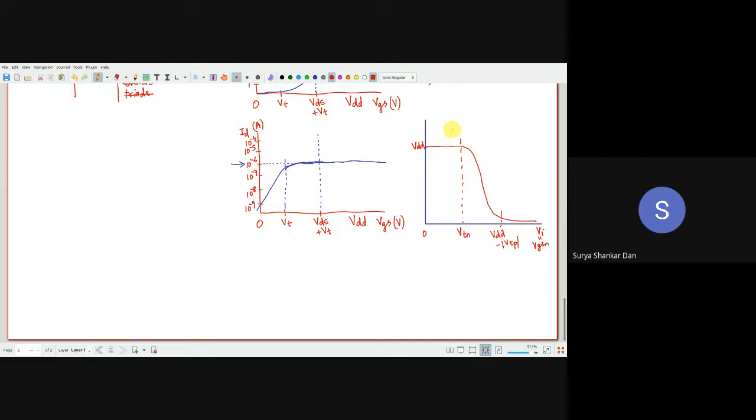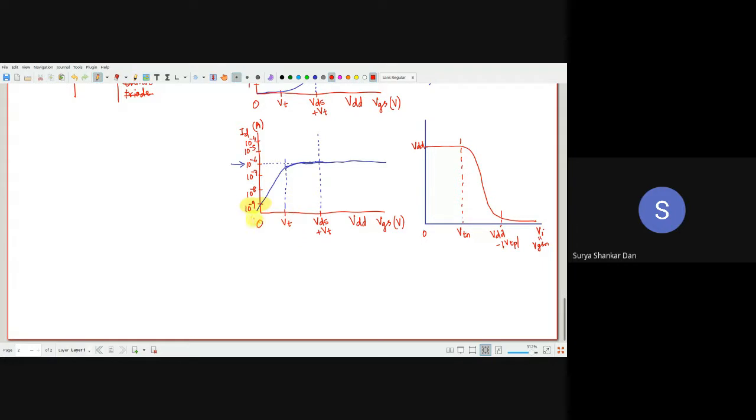Anyway, what is important for us right now is that here it was VDD, but there is leakage happening. So between 0 to VTN, we have said that the NMOS is switched off. The thing is, switched off means there is a small amount of current flowing because VGS is 0 over here.